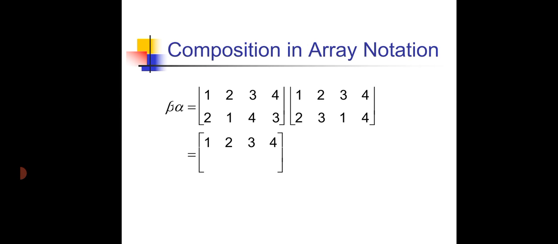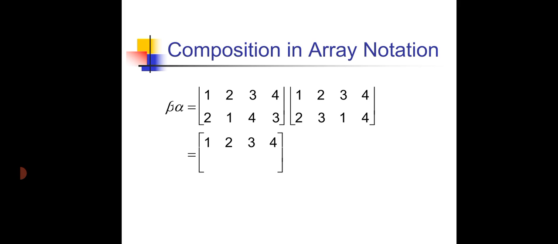Now we have to calculate this array function, beta composed with alpha. While starting this permutation, we go from the back side, that is right-hand side to left-hand side. The first row, 1, 2, 3, 4, is already defined; it may not be changed on any occasion, so it is fixed. Now we find the mapping of 1.